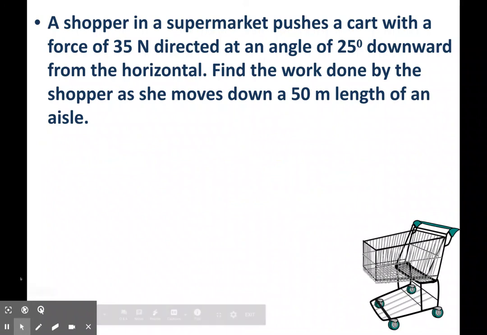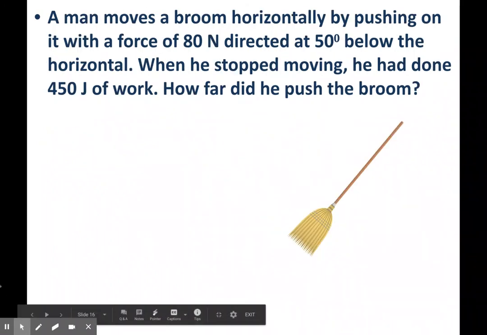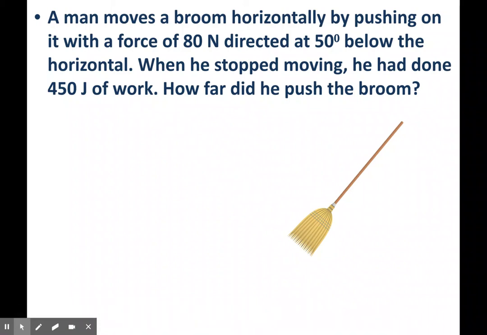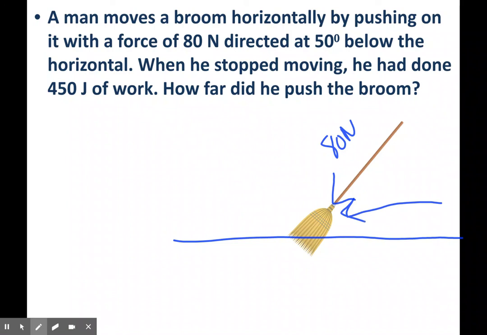Last one, we have a man who moves a broom horizontally by pushing it with a force of 80 directed at 50 degrees. So he's pushing it with 80 newtons. So the angle there is 50. So the x component of that is going to be 80 cosine 50, so 51.4.